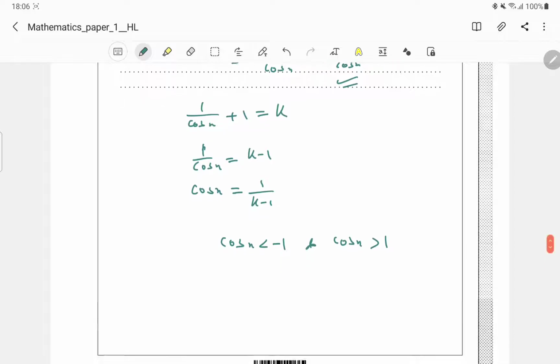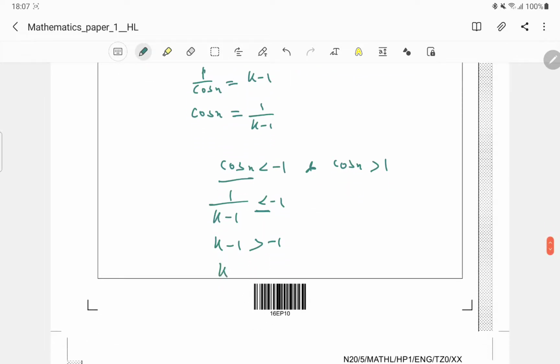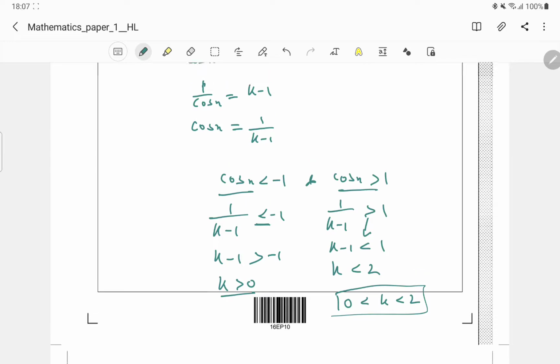So I'll replace cos x with 1 over k minus 1 and reciprocate it, and when we reciprocate, the sign of inequality will change, and the answer will be k should be greater than 0, and again reciprocating, the sign of inequality will change, k should be less than 2. It means whenever k is between 0 and 2 will be my answer.